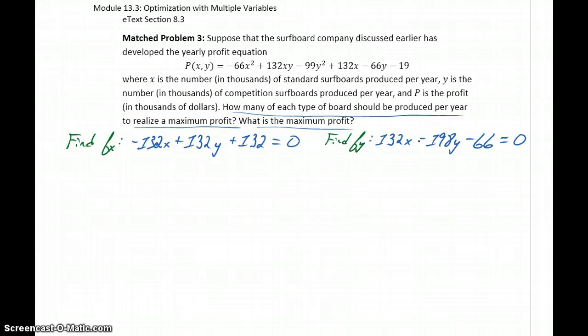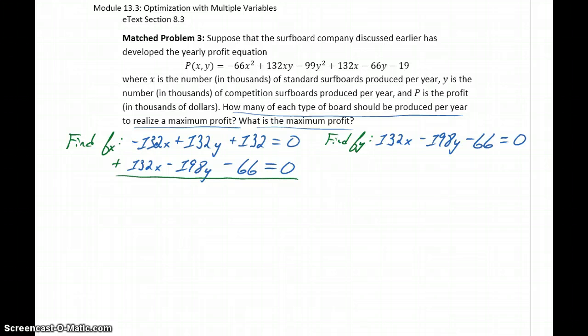In the last math problem, we looked at using substitution, but the other method is elimination. So what we can do is bring this function over and just add these two expressions together.